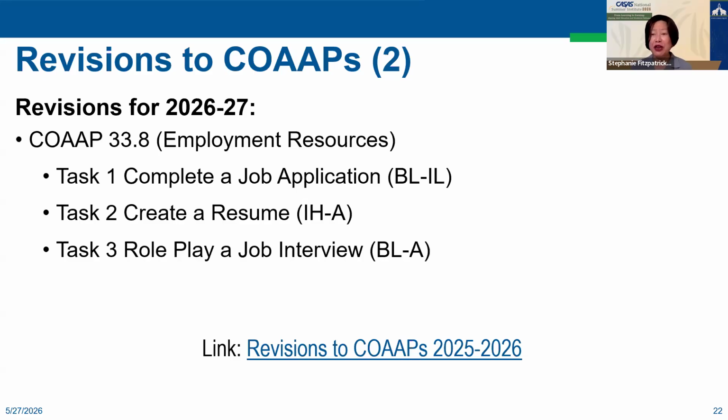So if you find yourself in that kind of situation, where you wish it could do this, or you wish the language said this, if you have any suggestions or requests, or maybe even if you find an error, we do have 201 separate CO-Aps. With your eyes, we can go through any sort of error to correct that, and also any updates that you think might help with the CO-Aps. So please send an email to elcivics@casas.org, and we can take a look at your request or your need for different or updated CO-Aps.